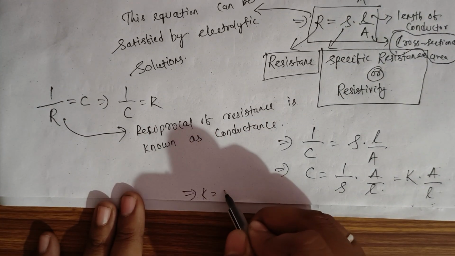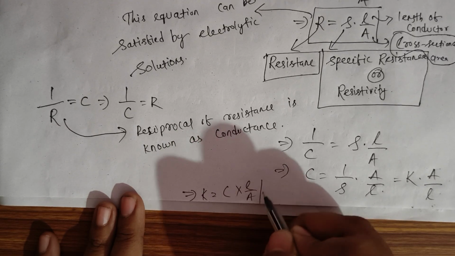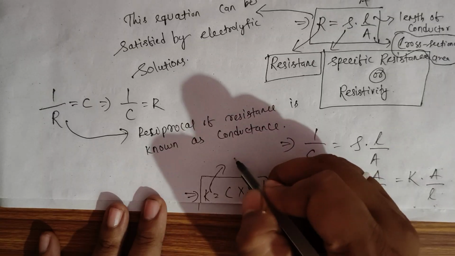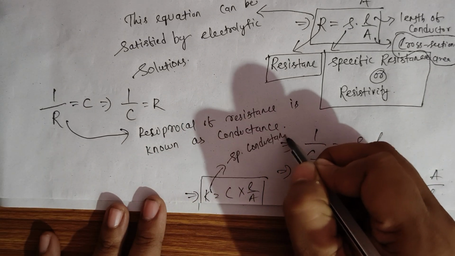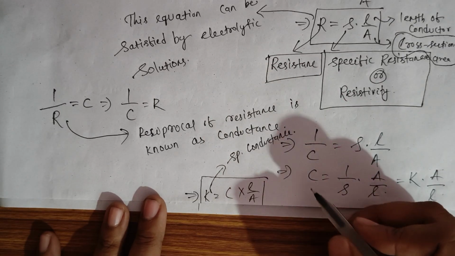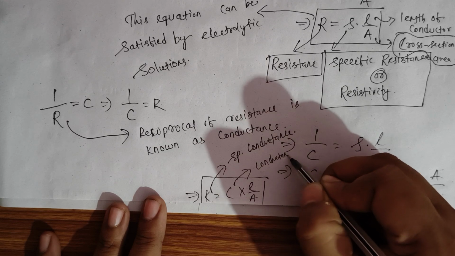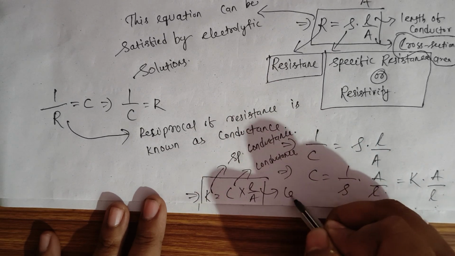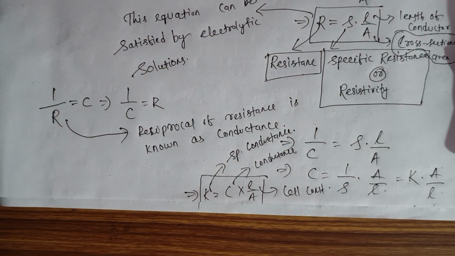K equal to C into L by A. K is called specific conductance. C is called conductance. This L by A is called cell constant.